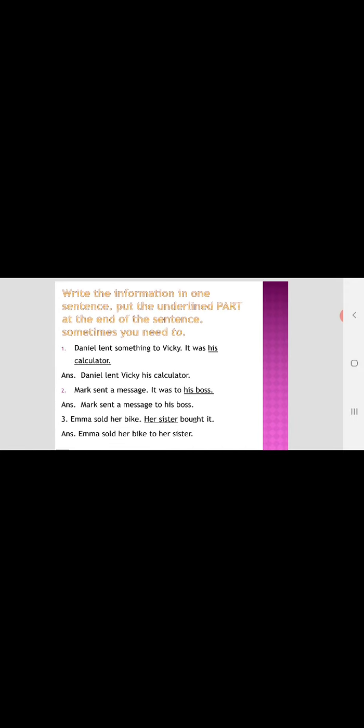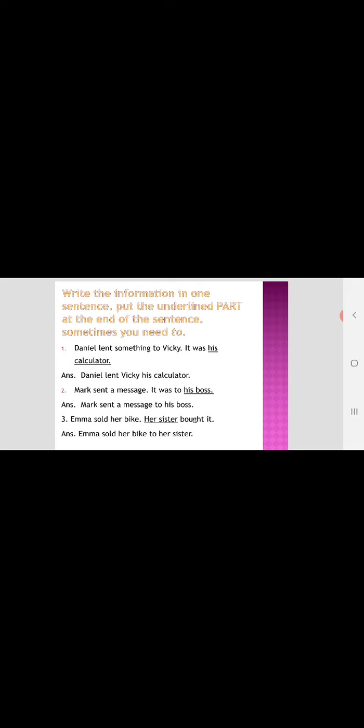Next exercise. Write the information in one sentence. Put the underlined part at the end of the sentence. Sometimes you need to. Daniel lent Vicky something. It was his calculator. Now two sentences are there and we have to join them and put the underlined part at the end of the sentence.